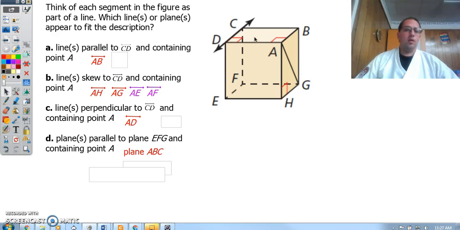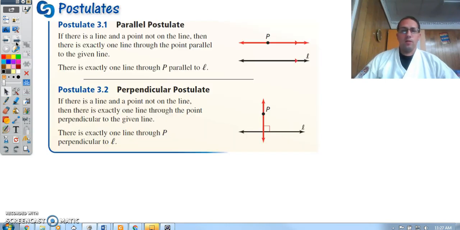CDB, whichever. So here we have 2 postulates, the parallel postulate and the perpendicular postulate. Both say basically the same thing, just with different kinds of lines. The parallel postulate says that if you have a line and a point that's not on the line, there is one and only one line through this point parallel to the first line.